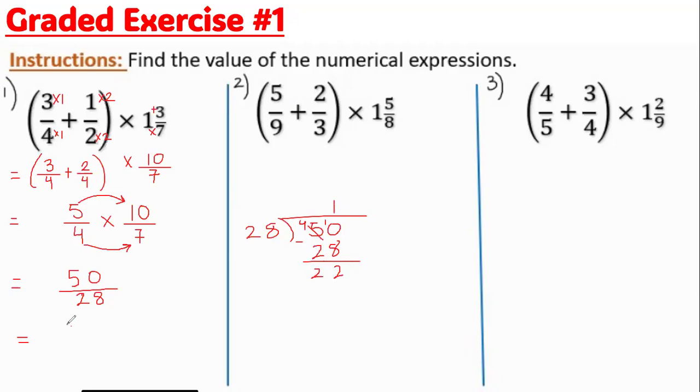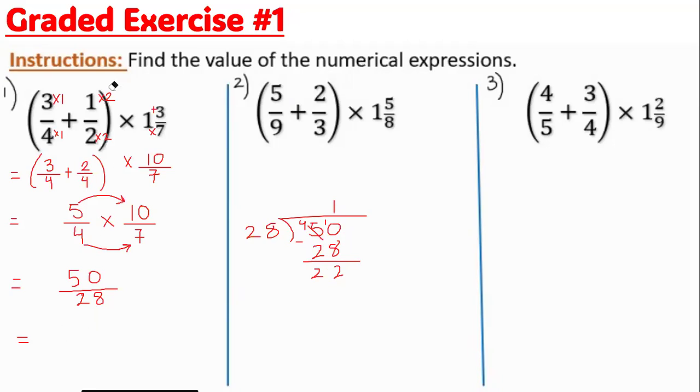So we have 1 and 22 over 28. And you can simplify this some more, right? So I use 2 again and I get 11 over 14.